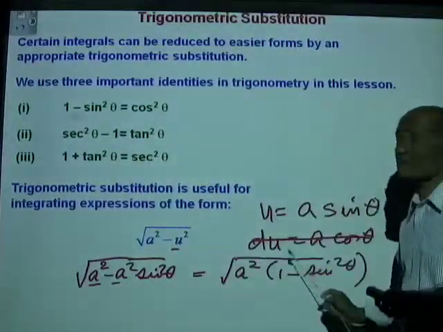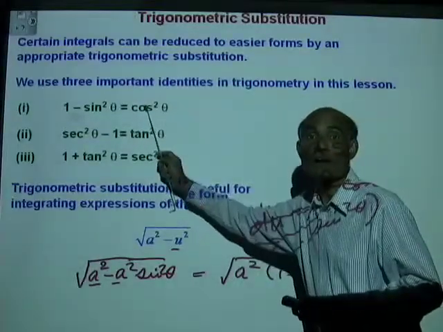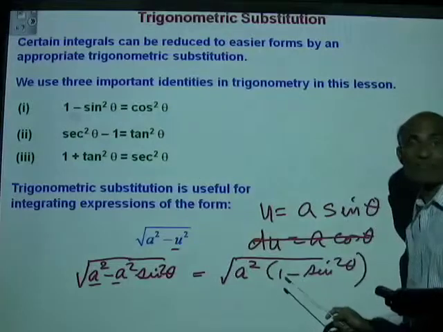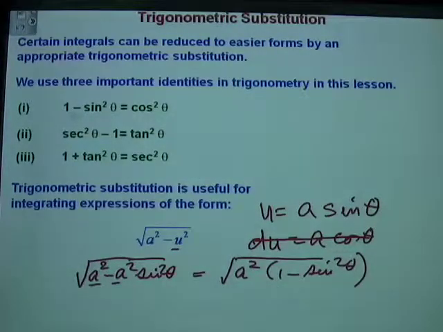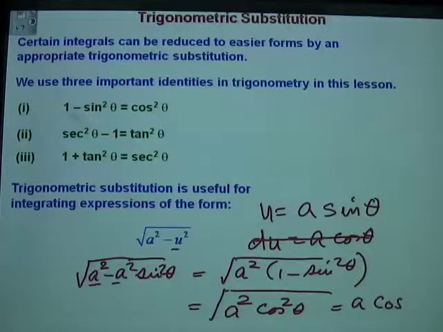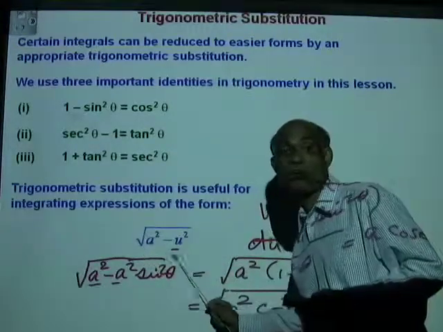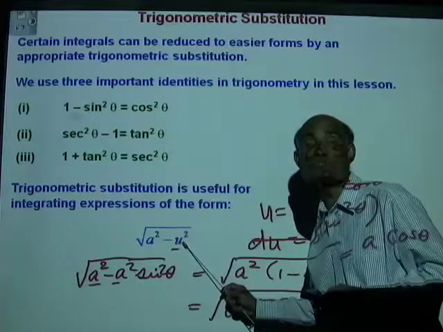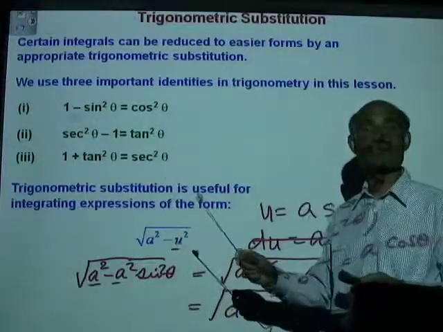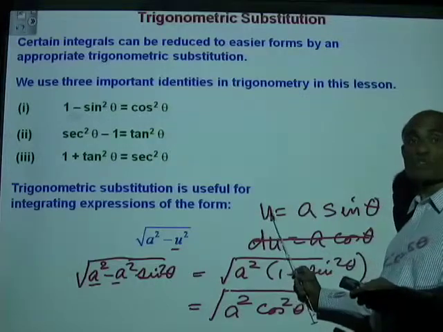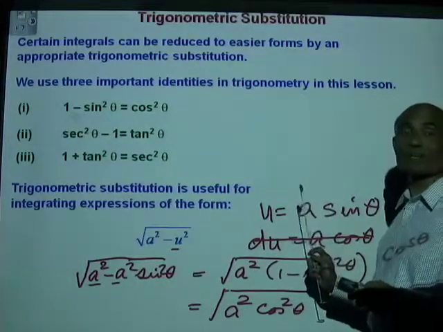This can now be replaced by cos squared theta, so we get square root of a squared times cos squared theta, and that is a cos theta. It became a very simple form which can be integrated. So whenever you have the form a squared minus u squared, the substitution you will make is u equal to a sine theta.